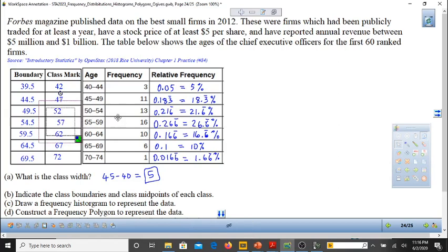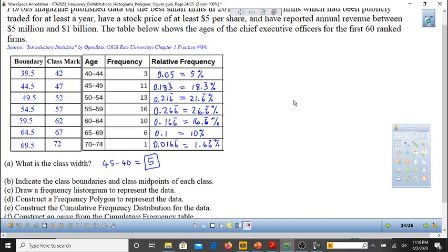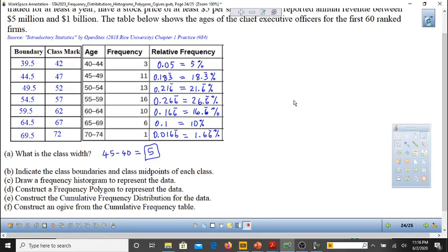Okay, good. Now, that answers that question. The next question is to draw a frequency histogram and also construct a frequency polygon to represent the data. So we're going to do both of those right here. Now, the next 2 parts are about constructing a cumulative frequency distribution and a cumulative frequency table.